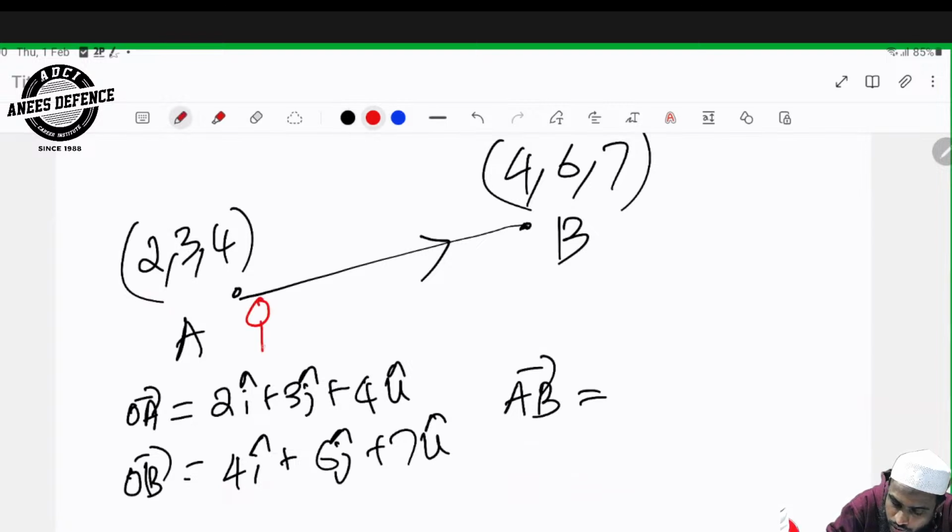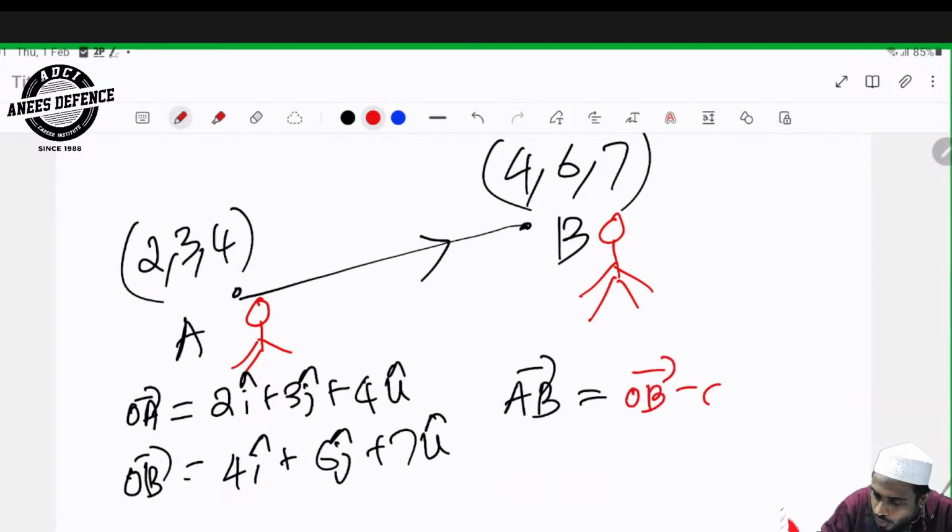You are now here. After some time, you are standing here. So my initial point is A and my final point is B. When you are calculating vector AB, you have to consider final point minus initial point. Vector AB, who is the final point? B. Vector OB minus OA.